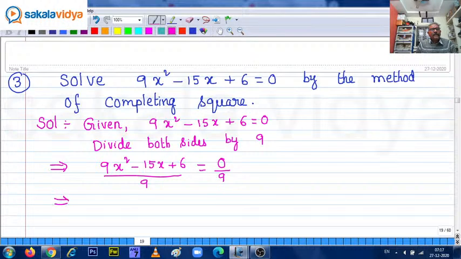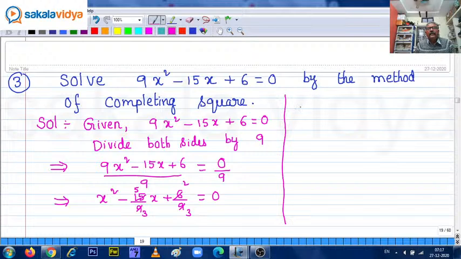So this we can write 9x square by 9 is x square minus 15 by 9 of x, 6 upon 9 equals to 0. 3 5s are 15, 3 3s are 9, 3 2s are 6, 3 3s are 9. So this can be simplified as x square minus 5 upon 3x plus 2 upon 3 equals to 0.